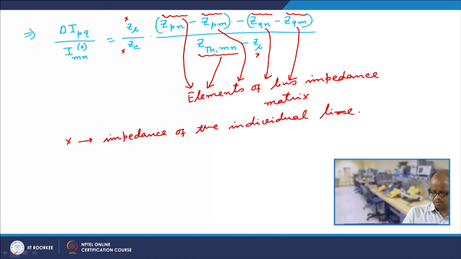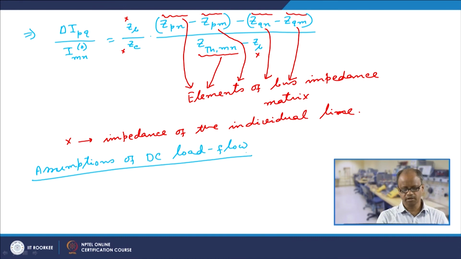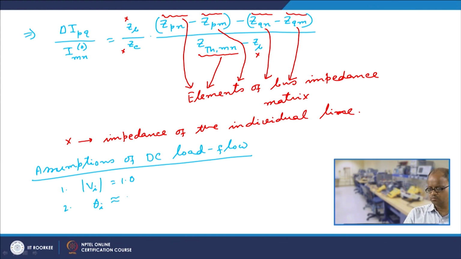So, we have to recollect the assumptions of the DC load flow. What are these assumptions? We very quickly recollect them. One is that all Vi is equal to 1.0. Second is that all theta i is almost equal to 0, but not equal to 0, of course.